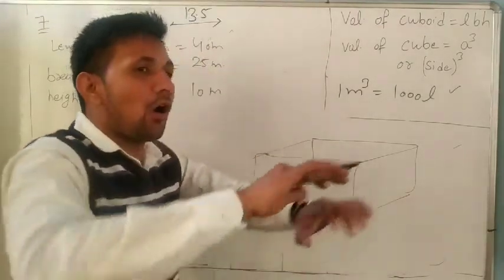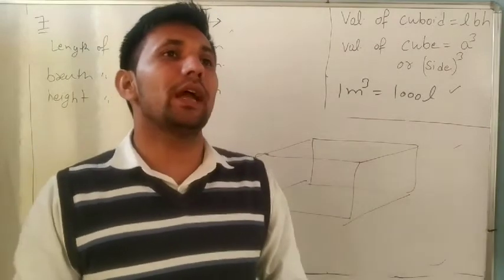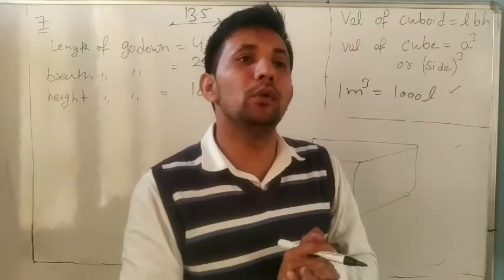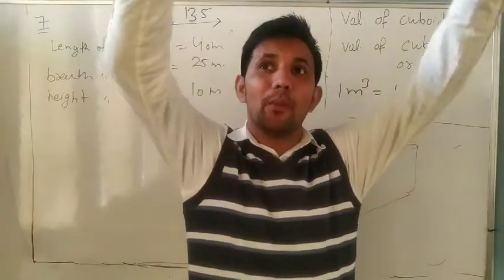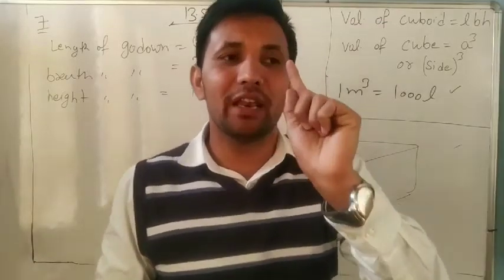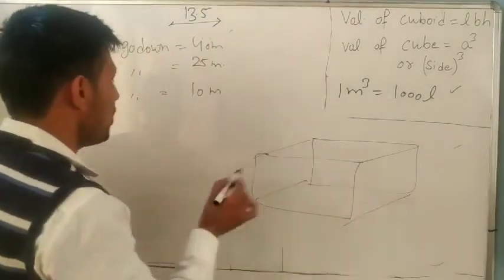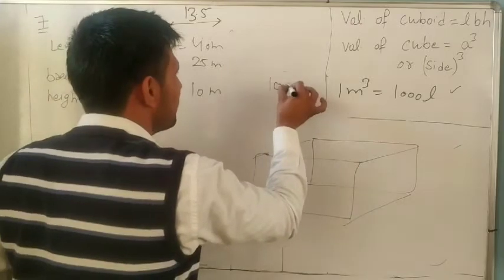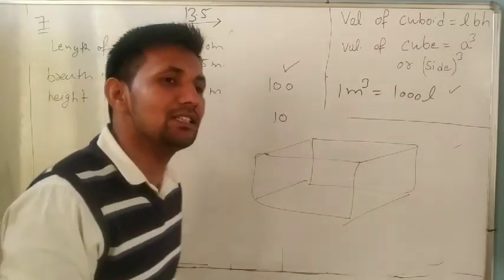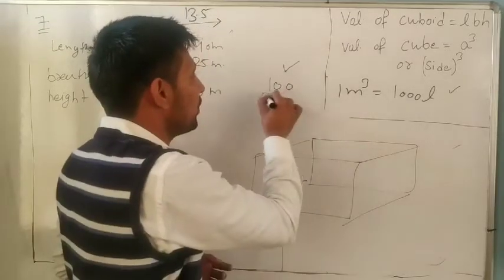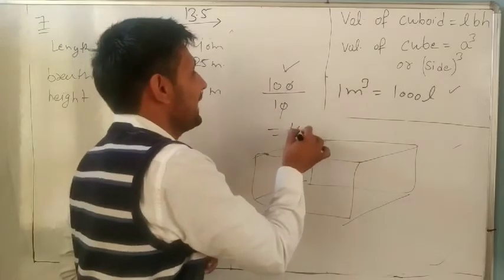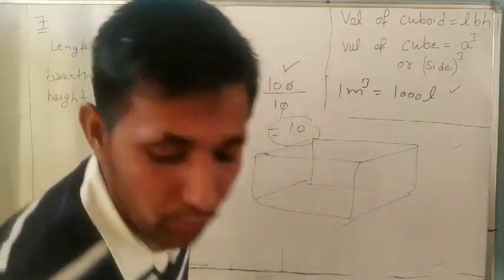If I ask how many benches we can put in our classroom, how will you find? First we find the volume of the room, and then the volume of one bench. Suppose the total volume of the room is 100 and the volume of one bench is 10. Then the total volume of the room divided by the volume of one bench gives 10 benches.